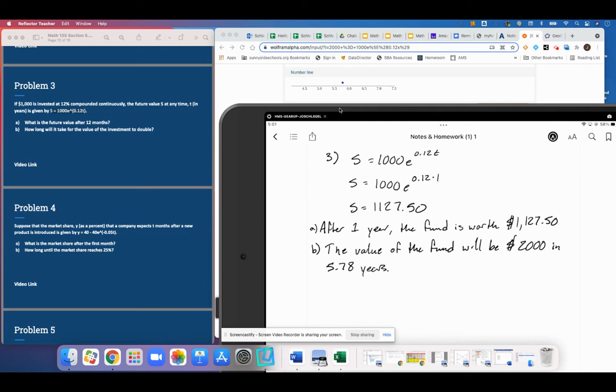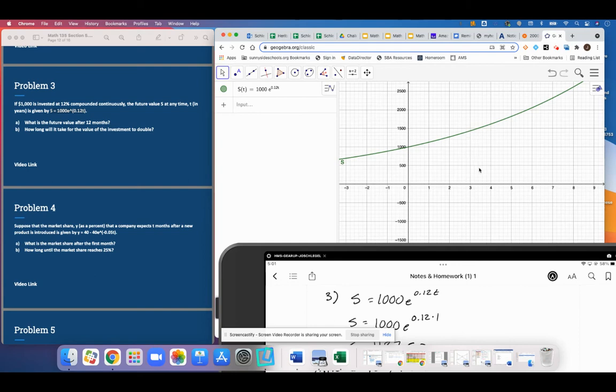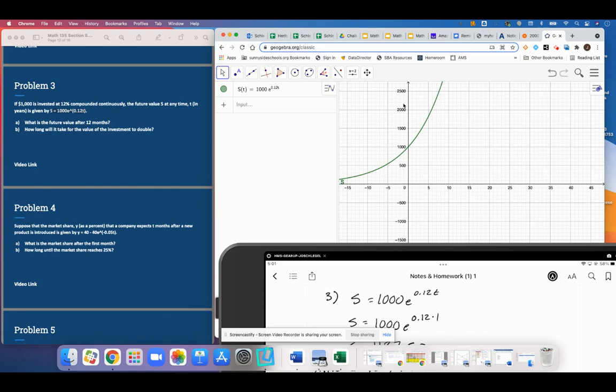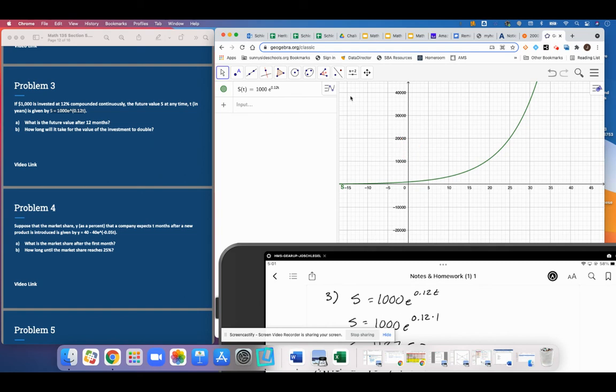That is it for number 3, but I am going to run back into GeoGebra for a moment and take a look at the behavior of this fund over time, because who doesn't like to make a bunch of money for doing nothing? I know I do. Let's say that I left this $1,000 in this fund for 30 years. Let's see what that would look like. Many of you are in your early 20s or still in your teens.